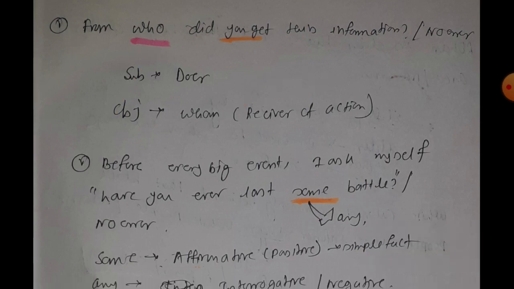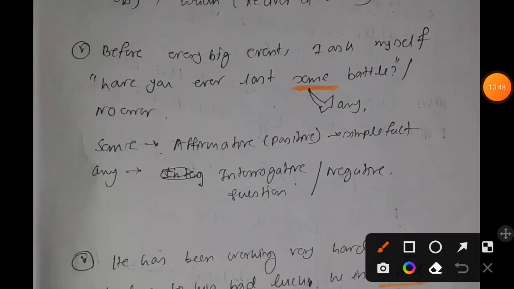Now, before every big event I ask myself, have you ever lost some battle? So you have to find out what is the error here. Remember it very carefully, that we use some for any kind of affirmative purpose, or when we are only willing to tell a simple fact.